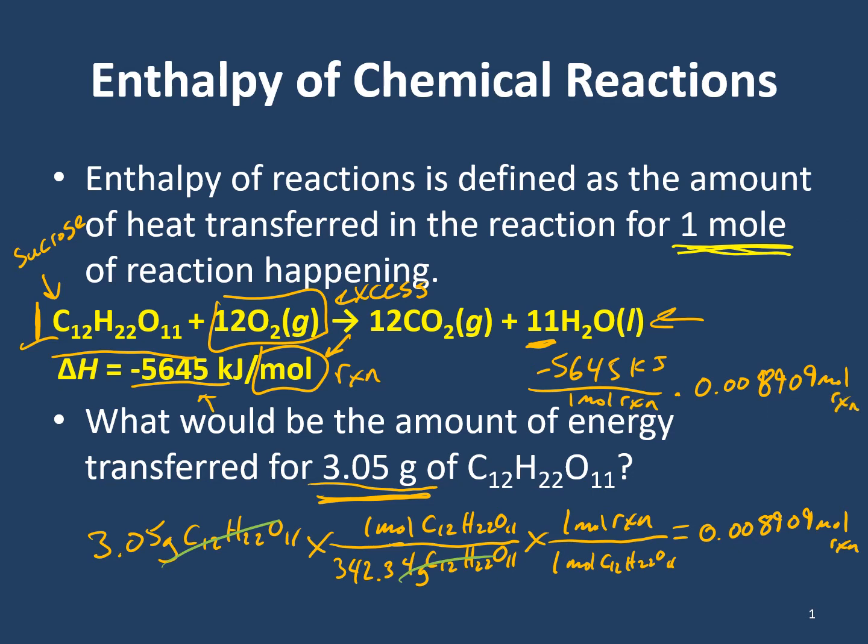The moles of reaction are going to cancel out, and we're just going to be left with kilojoules, which is an amount of energy. So that gives us our answer here, and we get that in this reaction, negative 50.3 kilojoules of energy are going to be released. The released comes from the fact that it's a negative value. All right, so this is another example problem that we might have with enthalpy calculations. Let's look at some more.